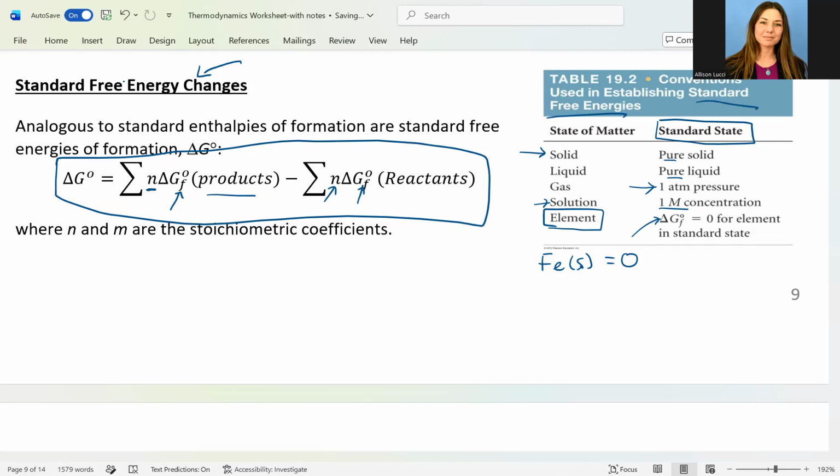You can maybe remember it easier that way. Similarly, O2 gas would be in its elemental state, so it would have a Gibbs energy equal to 0. So these would be the delta G standard state formation values for some examples here. But again, anything in its standard state, so carbon, etc., would have a delta G of 0.